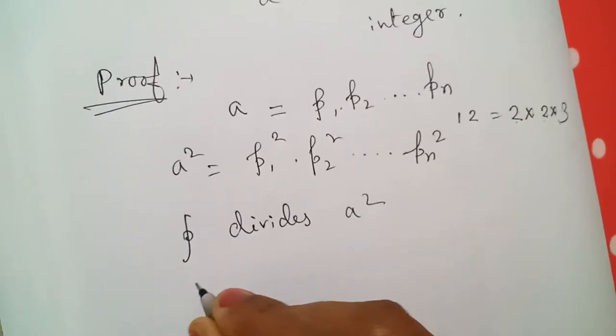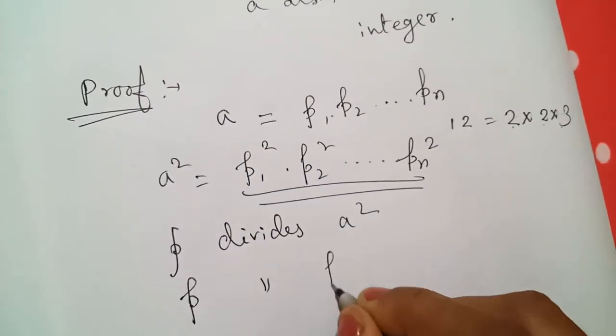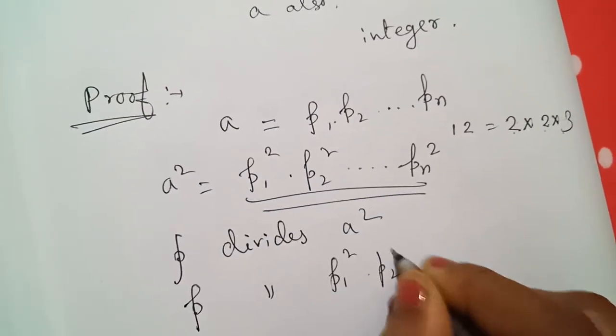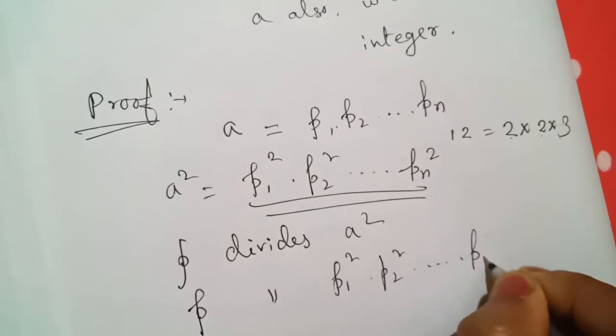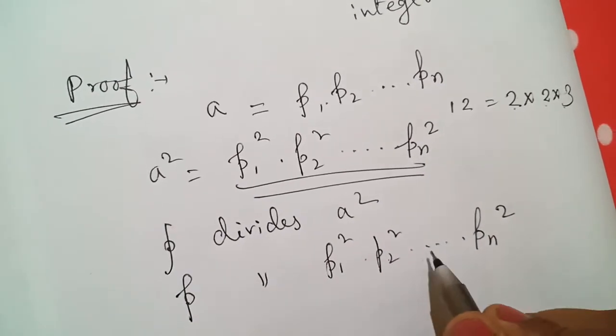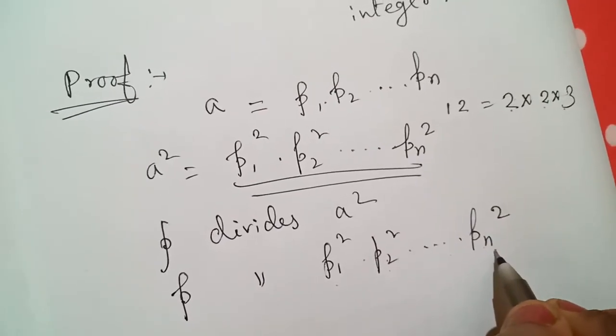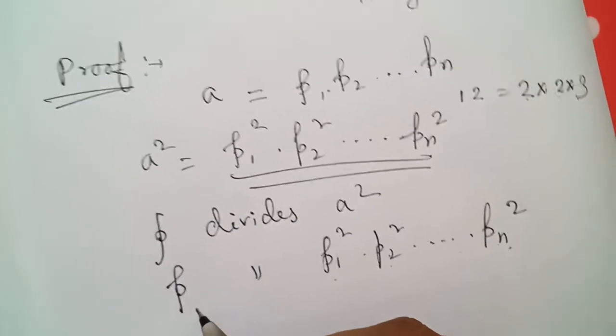It divides a square means P divides this whole, P1 square, P2 square, Pn square. Now P1, P2, P3, Pn are all prime numbers, and P is also prime.